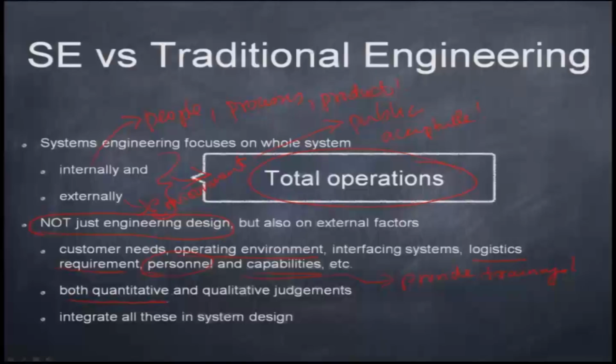So, how much you can reduce, you can probably quantify, but then the aesthetic appeal might be a qualitative judgment. So, the systems engineering also involves both qualitative and quantitative judgment, and all of these things are integrated into the final design of the system. Together with that, this is the difference between a systems engineering approach and the traditional engineering.